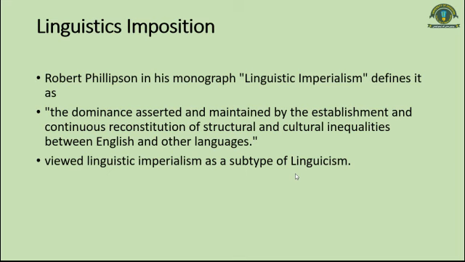The dominated languages are those languages on which English language was imposed. Those languages and those cultures were considered as inferior, and English language and English culture was considered as superior and civilized. Philipson viewed linguistic imperialism as subtype of linguicism.